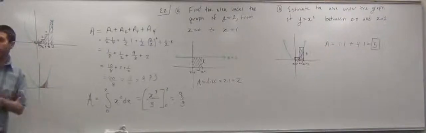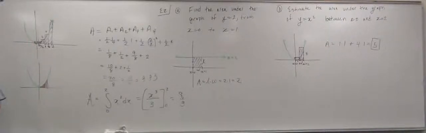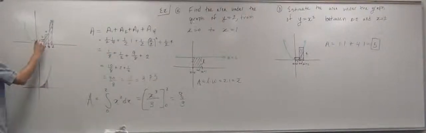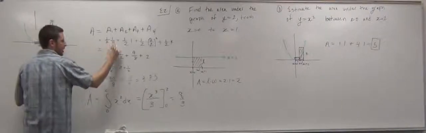Where did I get the very first 1/4? It's 1/2 squared. Because you go up to your function, and since your function is x squared, you have to square this. 1/2 squared is 1/4. So that's where this is coming from. This one is 1/2 squared.